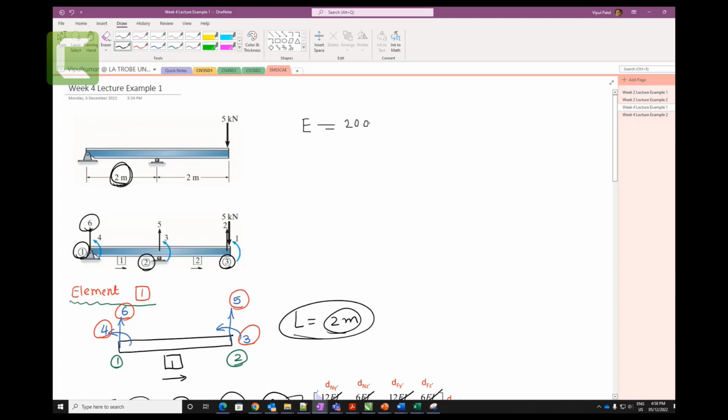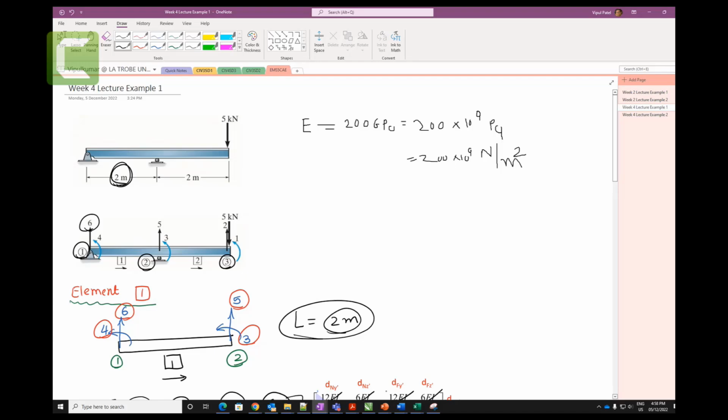What does giga mean? Giga means 10⁹. You with me? I can remove that giga and put 10⁹ pascals. Now 200 times 10⁹ pascals, and I can write pascal as Newton per meter square. 1 pascal is equal to 1 Newton per meter square.